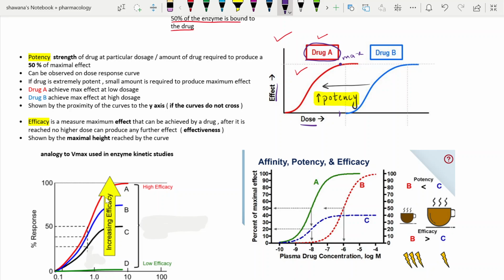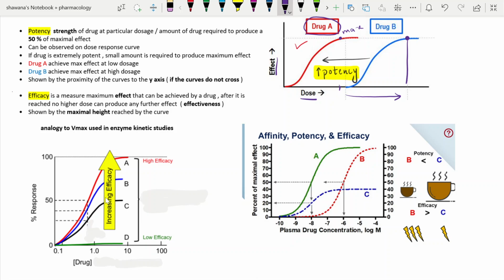It means that drug A is more potent as compared to drug B. We administered a large amount of dose to achieve the maximum effect, so drug B would be less potent. It is also shown by the proximity of the curves to the y-axis. It's very important that the nearer the curve to the y-axis, the higher the potency of that particular drug.